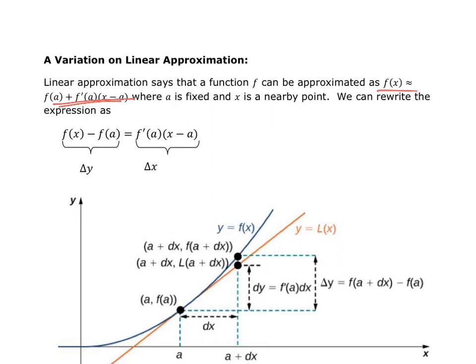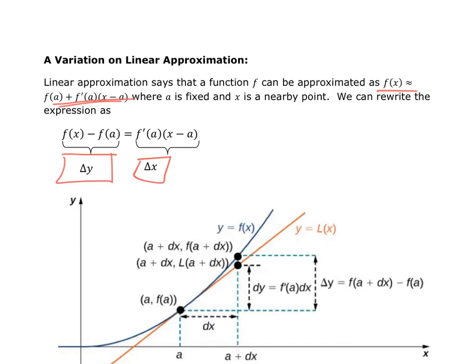That's all I did. And the reason I did that is because f of x minus f of a, those are output values. Those are y values. So since those are y values, then this side of the equal sign is my change in y. So dy, or delta y as you see it. F prime of a times x minus a, this is my change in x. So I have my change in x is equal to my change in y.